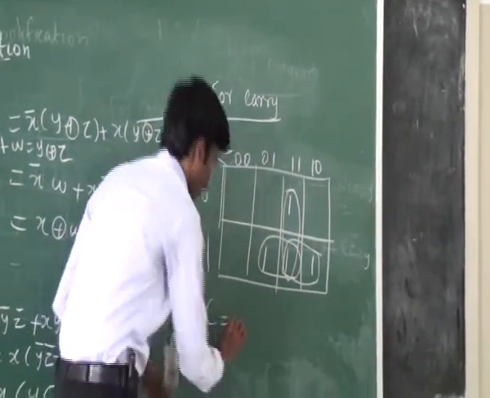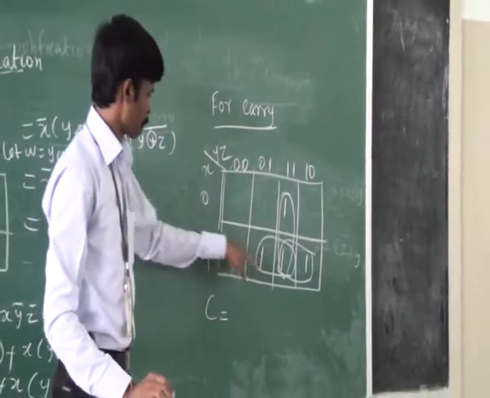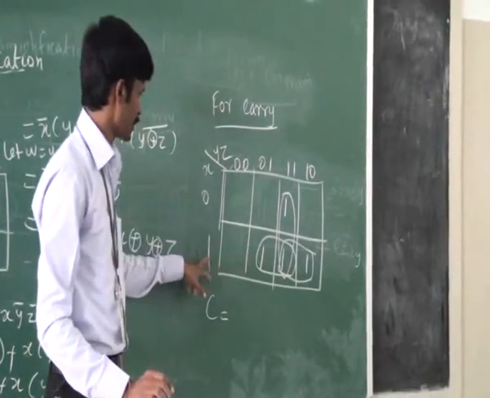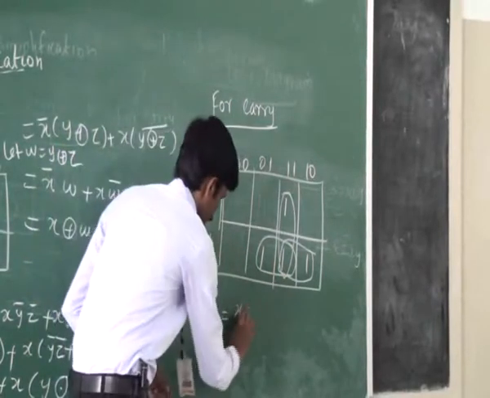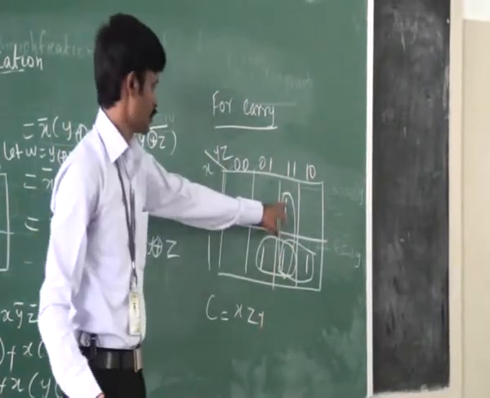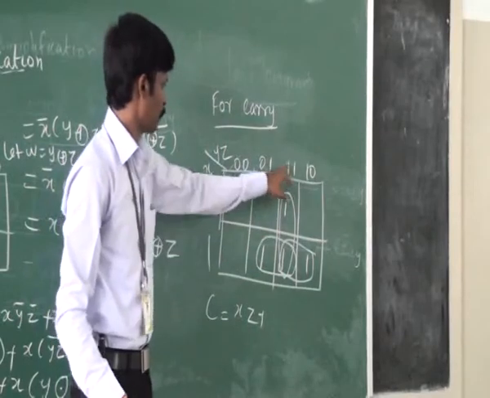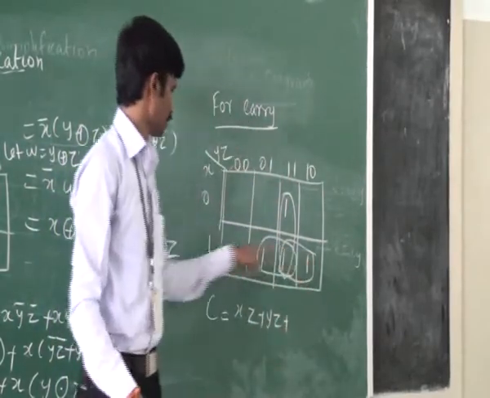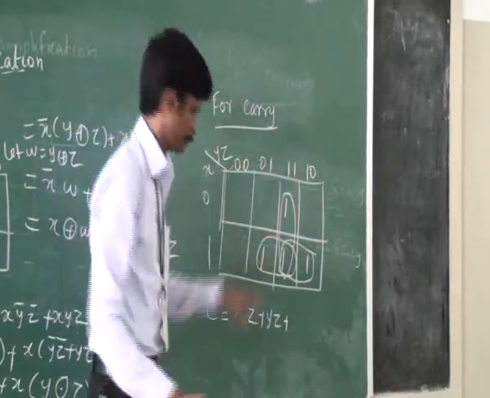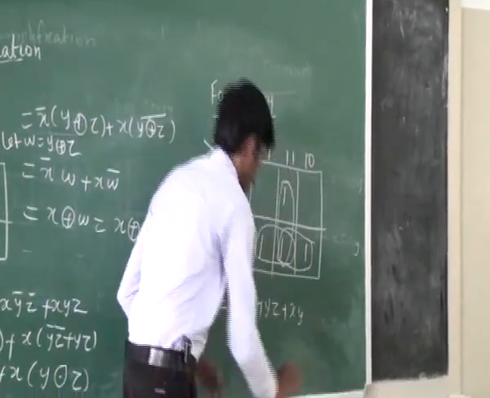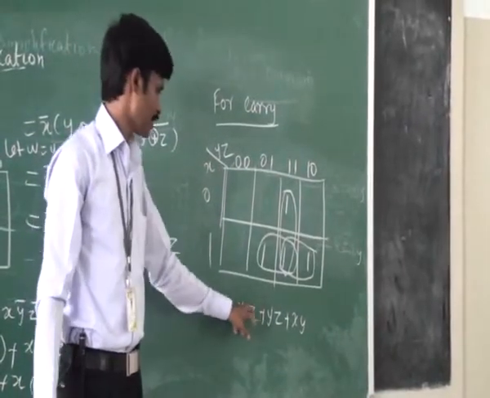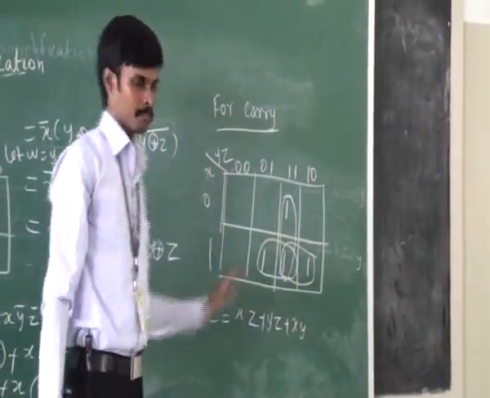Then the carry expression will be: this one represents xz, plus this one represents yz, then this one represents xy. This is the Boolean expression for carry, xz plus yz plus xy.